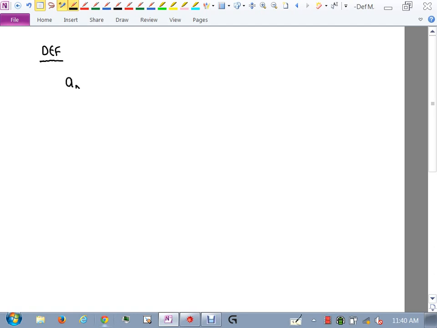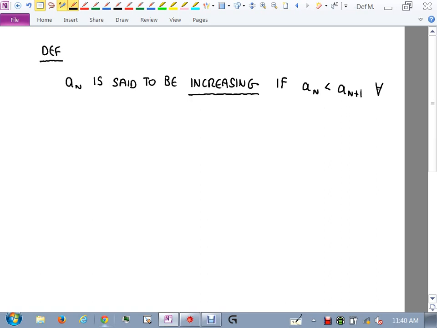A sub n is said to be increasing if a sub n is less than a sub n plus 1 for all n. I'm using that upside down capital A for all to mean for all now. You all okay with that?